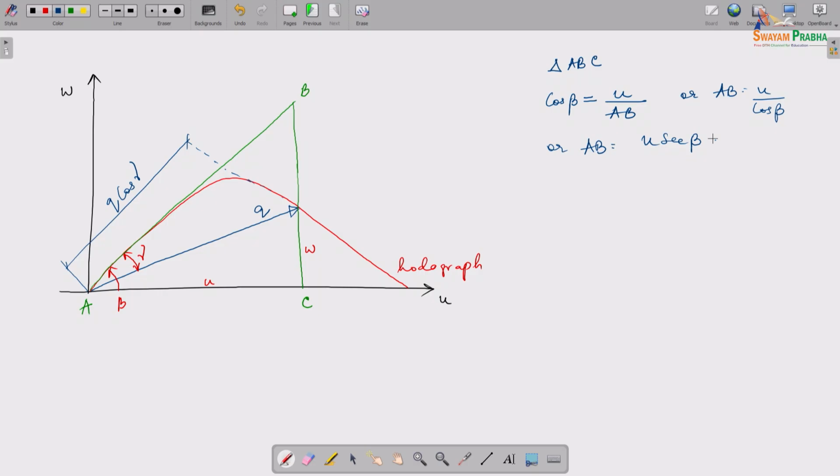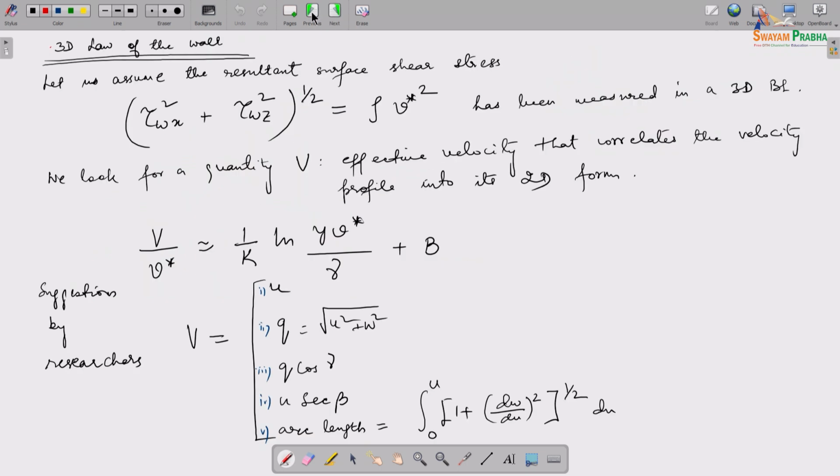So, this length AB is equal to U sec beta. And the arc length is that of the hodograph.